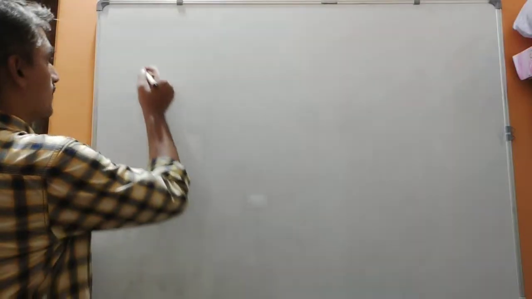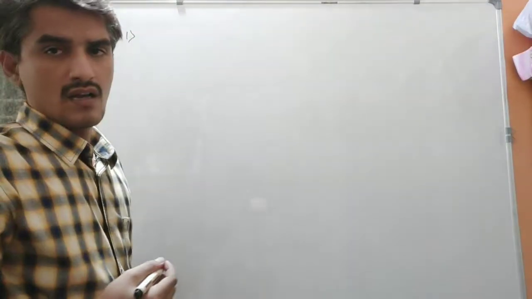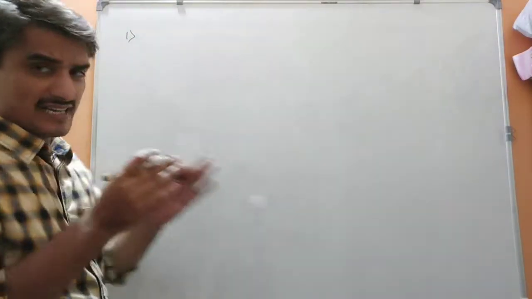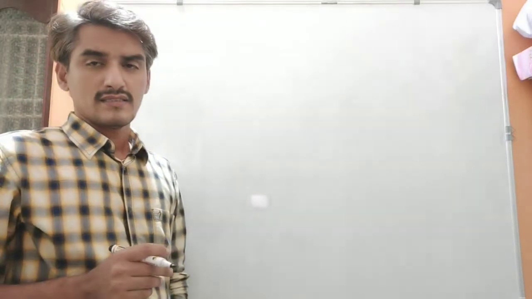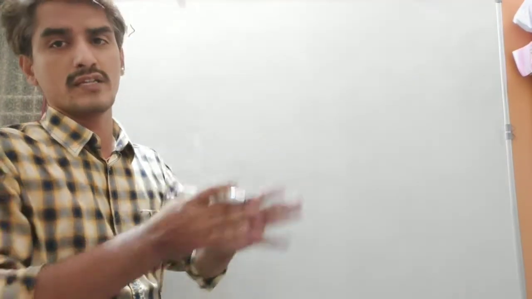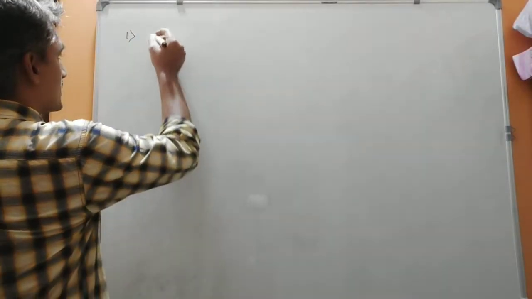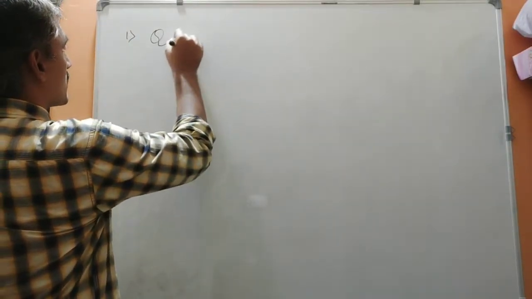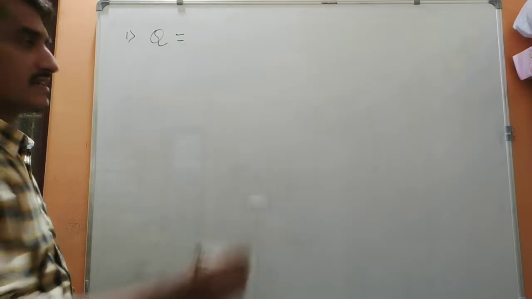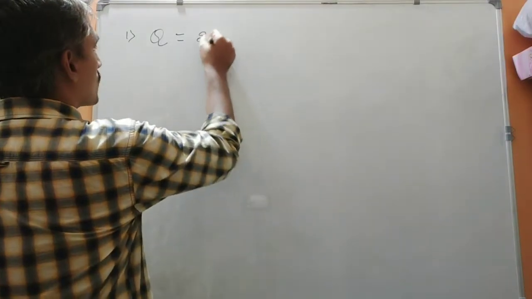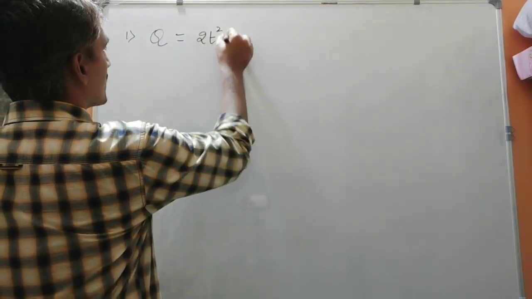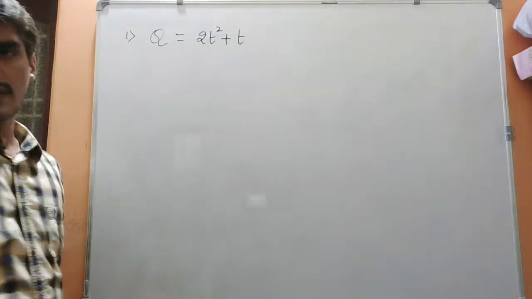Okay, so first of all, suppose in a conductor a certain amount of charge is flowing through a cross sectional area. Let us say Q is given as 2t square plus t.